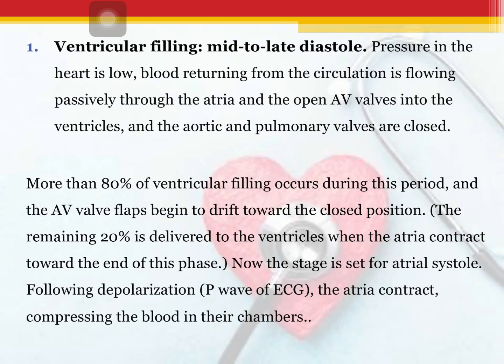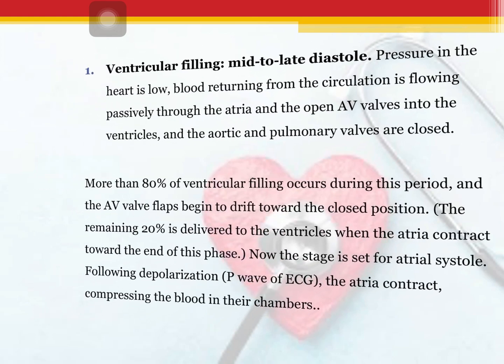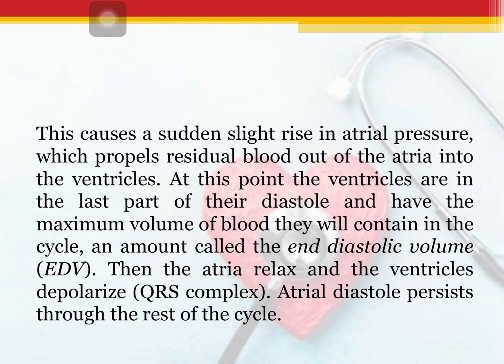Now, the stage is set for atrial systole. Following depolarization, the atria contract, compressing the blood in their chambers. This causes a sudden slight rise in atrial pressure, which propels residual blood out of the atria into the ventricles. Again, when the atria contract, they forcefully push the blood out of the atria into the ventricle.